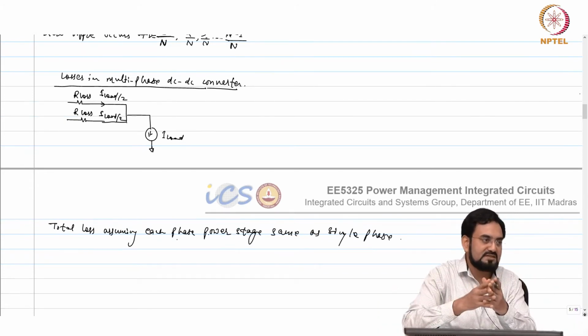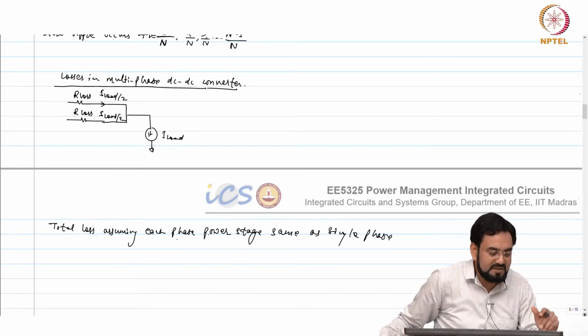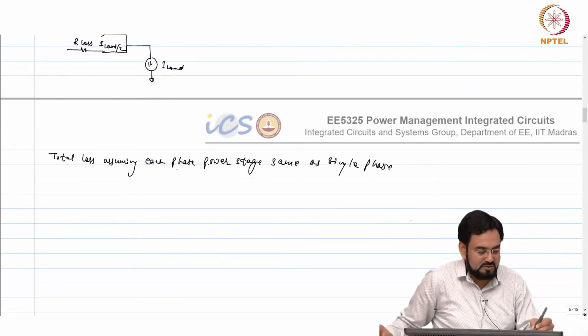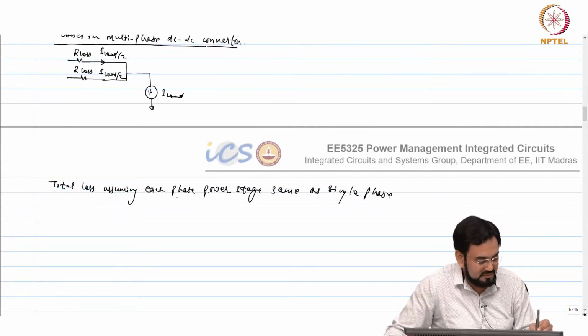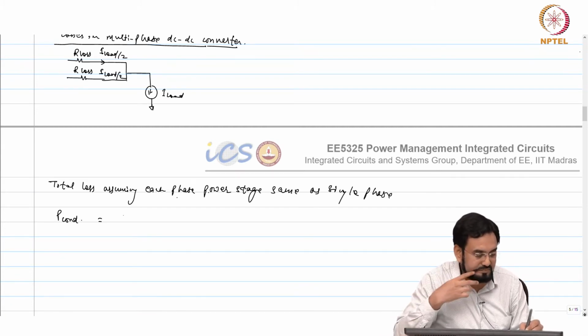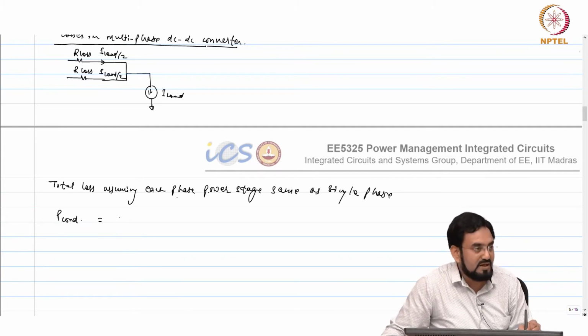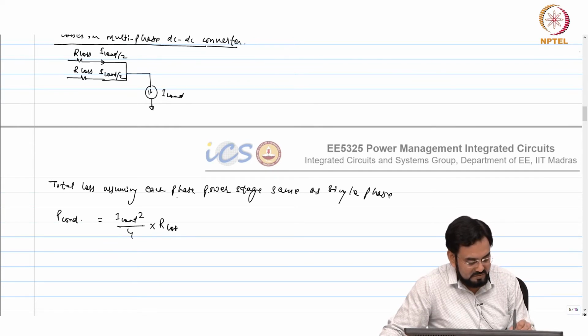If you shrink the size by 50%, then it will become 2 R loss. So what is the total power conduction loss? I square R. So I load square by 4 into R loss multiplied by 2.